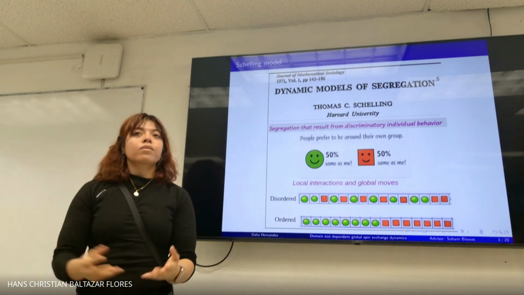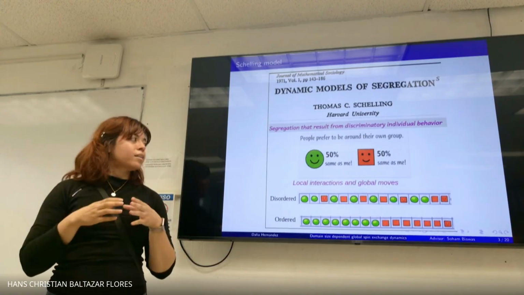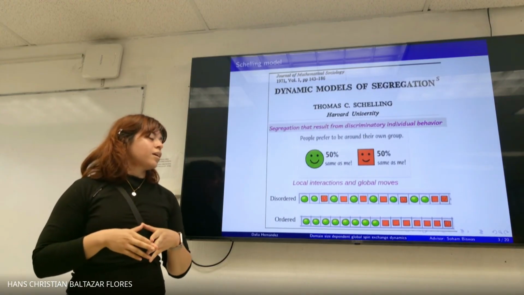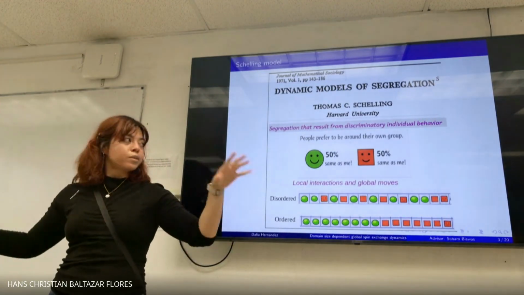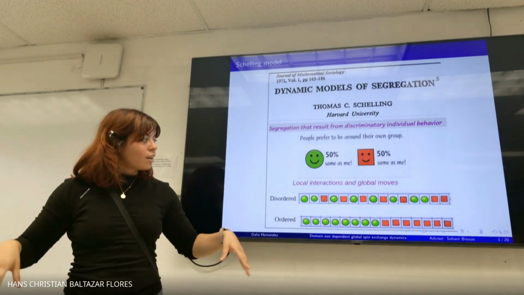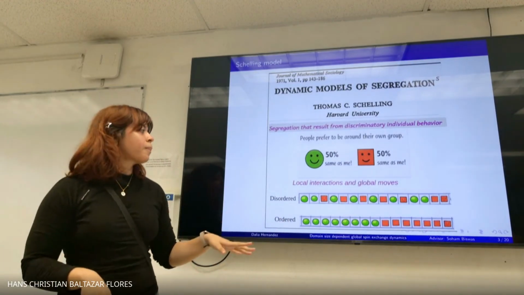And they interact with the local neighborhood. It can be one person on left, one person on right, two persons on left, two persons on right. And this is fixed over time.